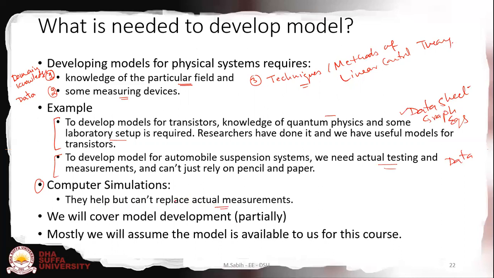So we do all the things: empirical and mathematical models, experimental data, and computer simulations. This is not the objective of this course, but we will partially cover model development so that we know how to deal with it when it comes up. And then mostly we will assume the model is available during this course. Okay.